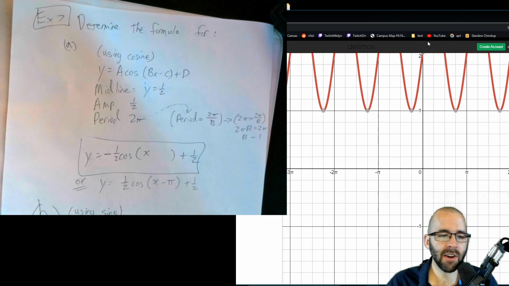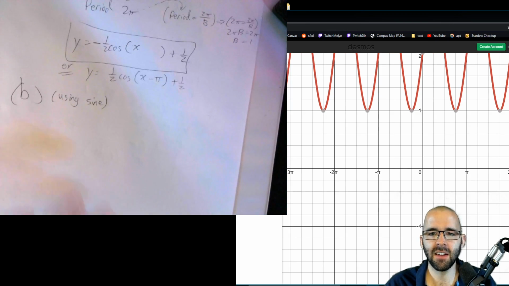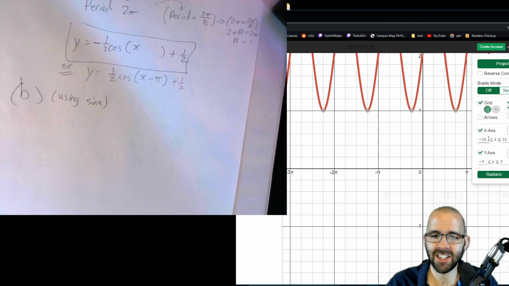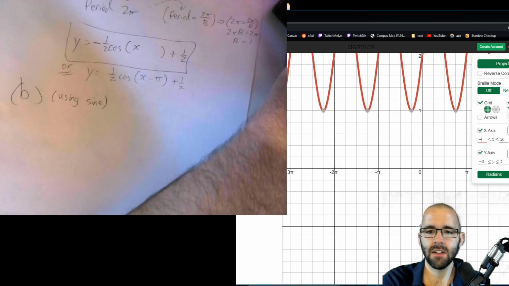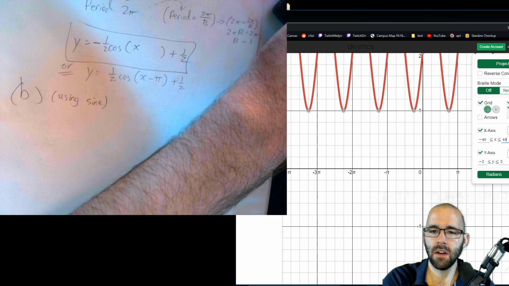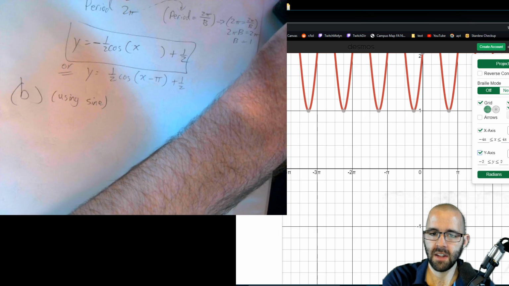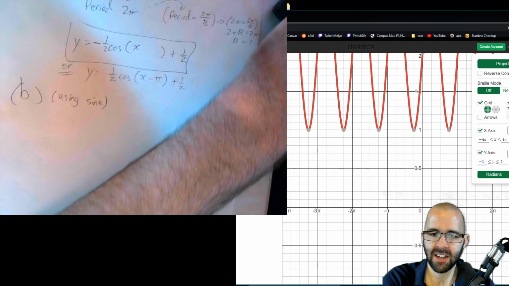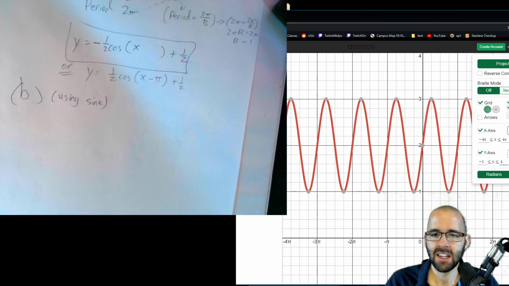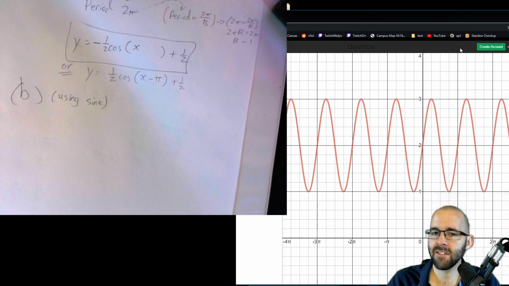All right. So that's going to be our formula right here. And let me go ahead and change these. Let's have the y-axis going from like -1 to 4 or something. Look a little easier over here.